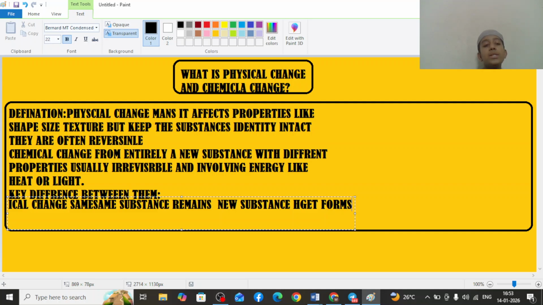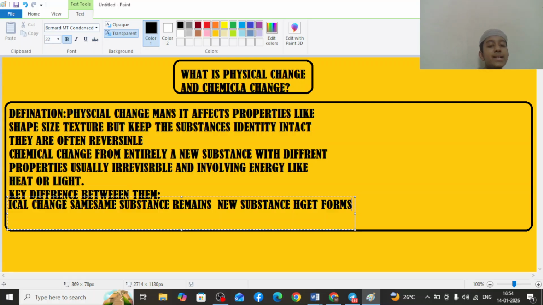Now, what is chemical change? Chemical changes are mostly irreversible. It means the things don't get reversed. For example, when you put mercury and iron together, it eats the iron.